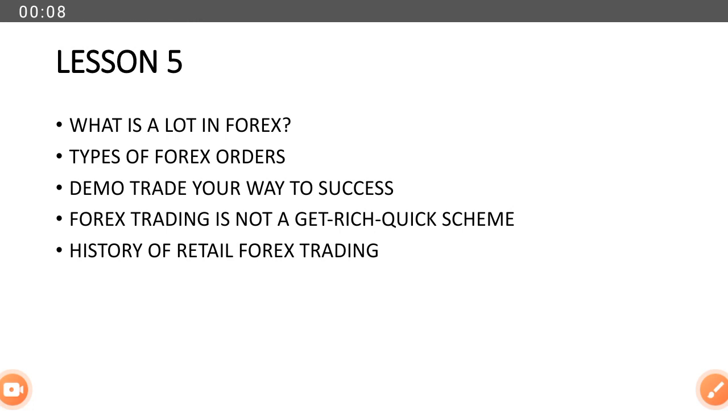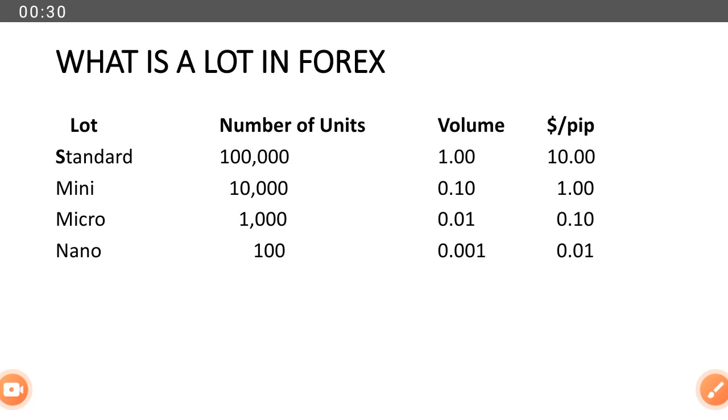The last lesson, which was lesson 5, we talked about what is a lot in Forex, types of Forex orders, demo trading your way to success. Forex trading is not a get-rich-quick scheme, and the history of Forex trading. We talk about different types of lots.